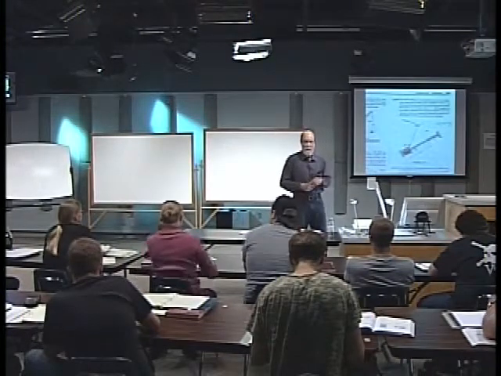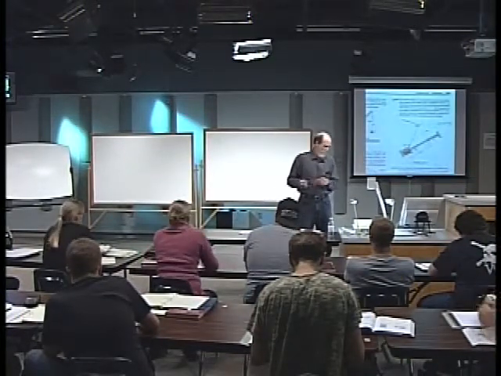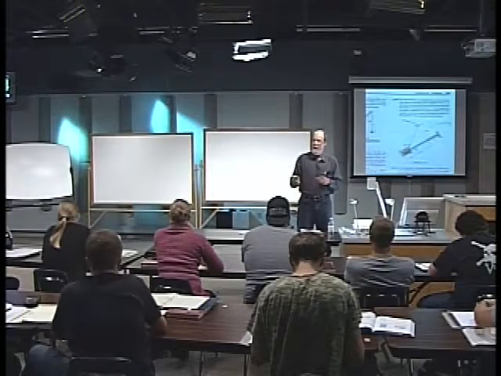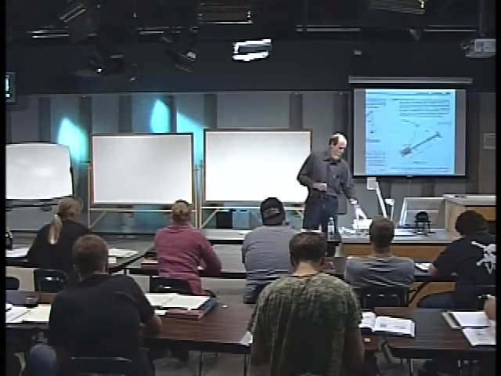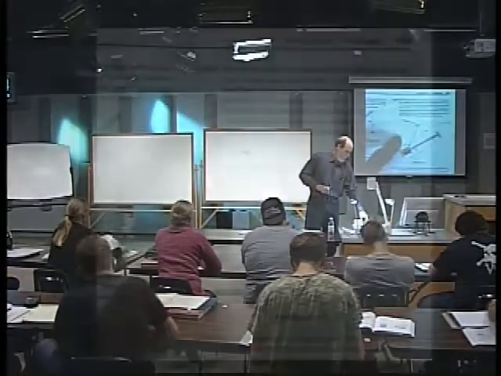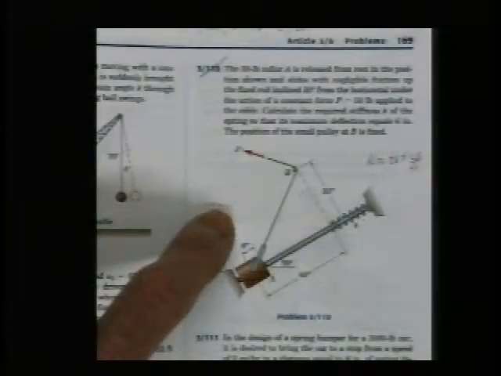Okay, what I'd like to do first of all today is to go back to a problem where we were early on in work and energy, and there was a question that was posed in class, and it relates to this problem back on page 169 that was in your homework.